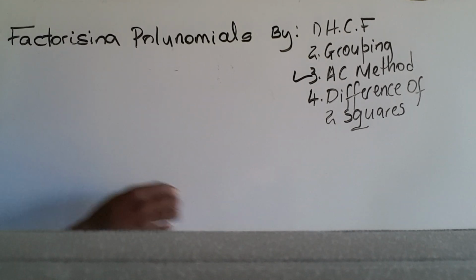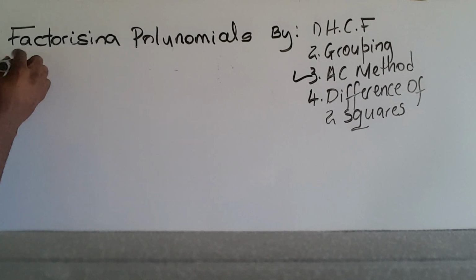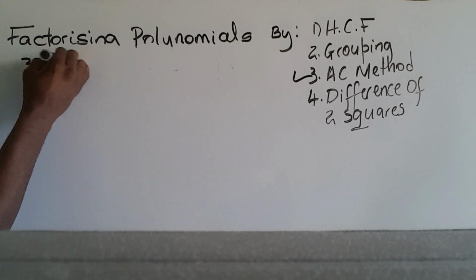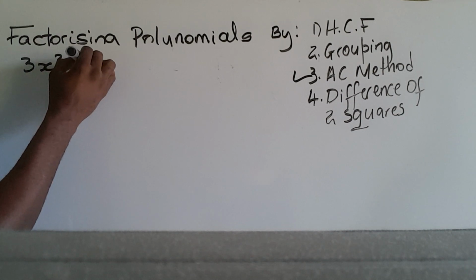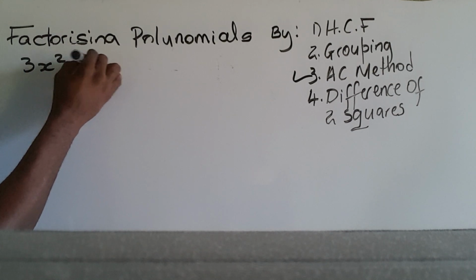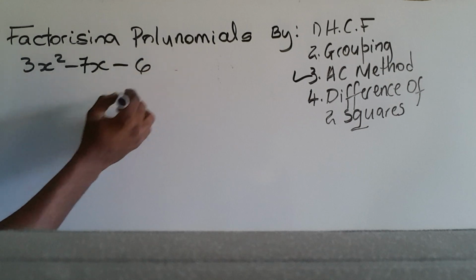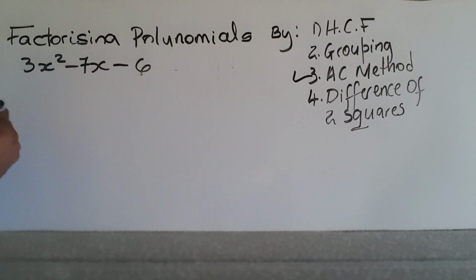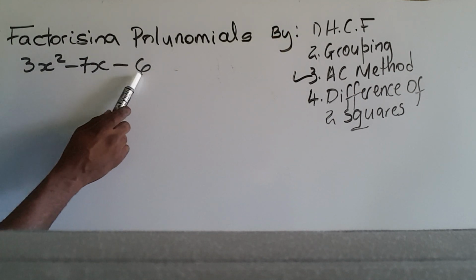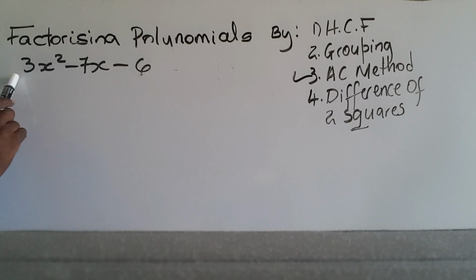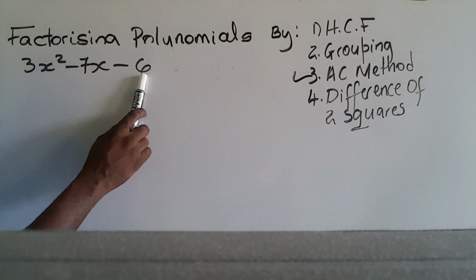Let's look at some cases. Let us say we have 3x squared minus 7x minus 6. This is a quadratic. Now, if we could quickly run through to see if any of these could work, we'd realize that the highest common factor cannot work because there is nothing common for all three.